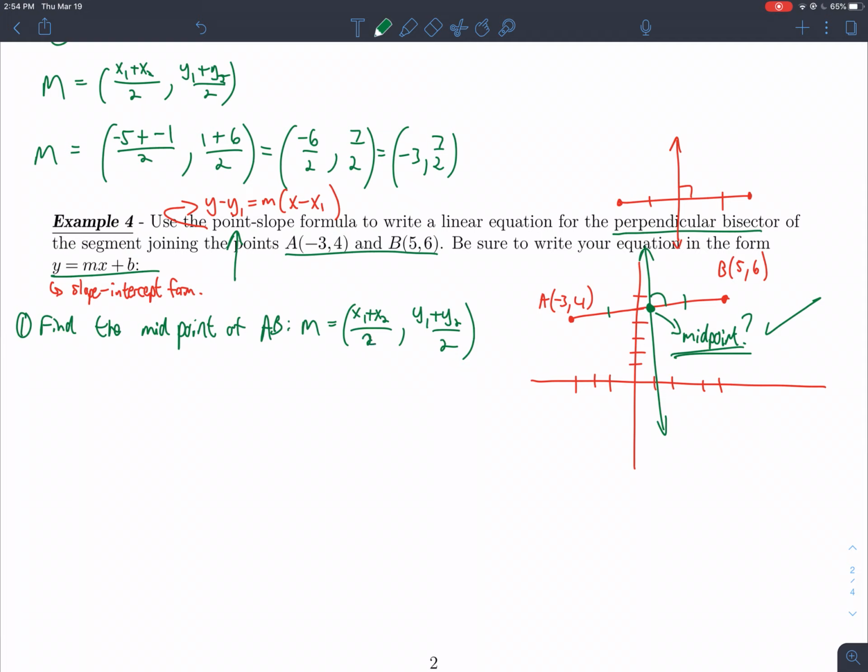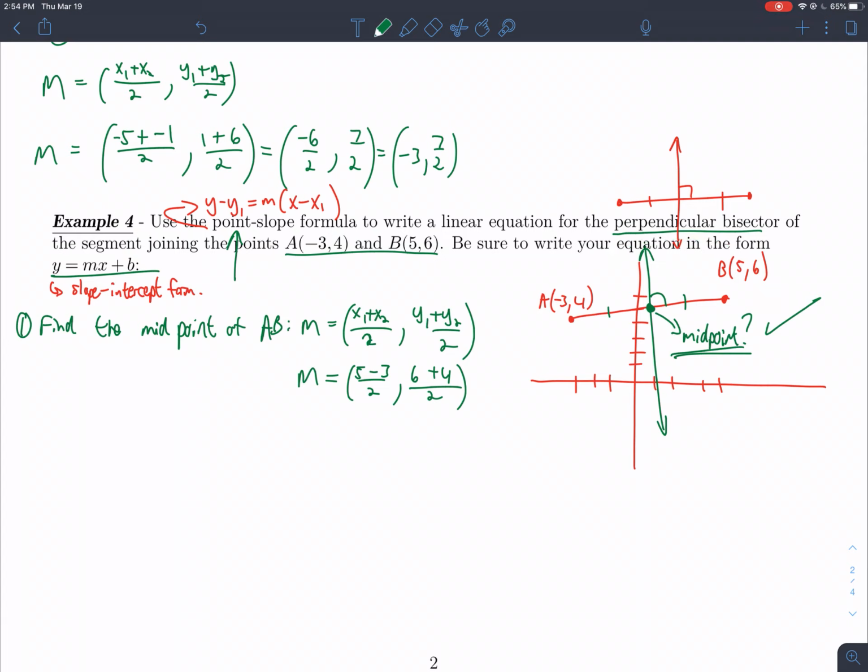And if I do that, I get 5 minus 3 over 2, and 6 plus 4 over 2. So 5 plus negative 3, which is 5 minus 3, and 6 plus 4.